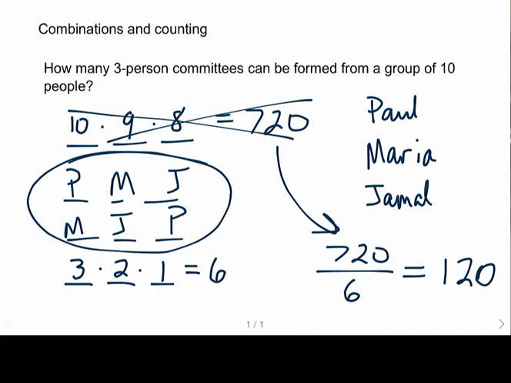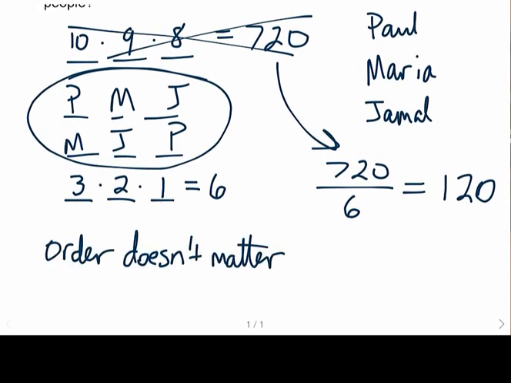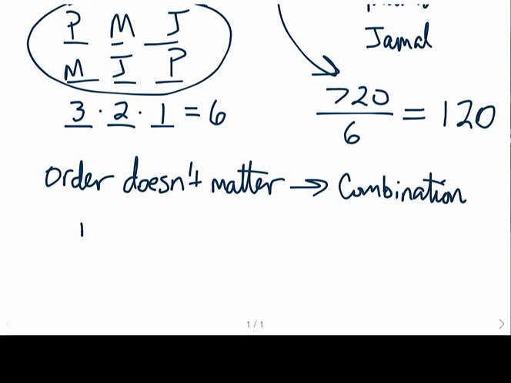And so this is a situation in which we would say order doesn't matter. And when we have titleless committees, or committee members, or when order doesn't matter, that's when we use combinations. The notation for this particular problem would be a combination, so uppercase C, of parentheses 10 comma 3.